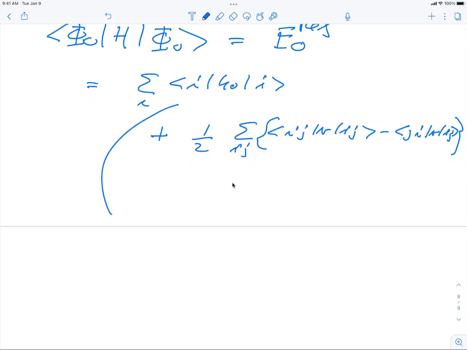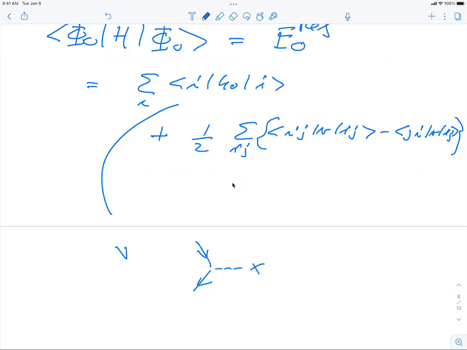Now, if you look at the diagrammatic representation, the first term has a hole state, so we have an incoming hole state and an outgoing hole state. When we have a hole state below the interaction line, then this is an outgoing state.